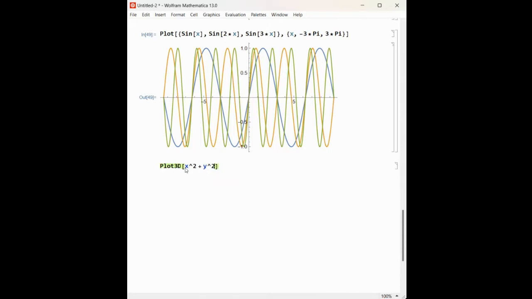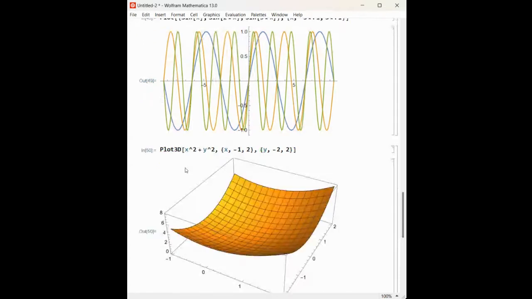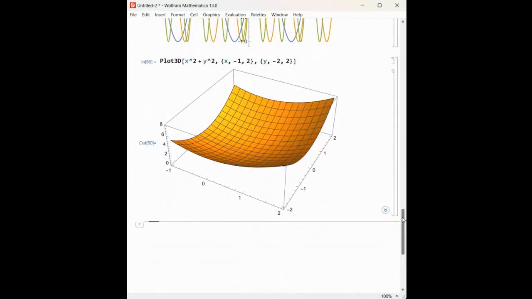And then we have two variables now. Suppose we have x between -1 to 2 and y between -2 and 2. So this is a 3D plot. This is what it will show us.